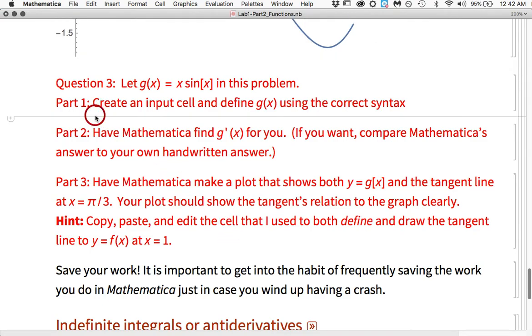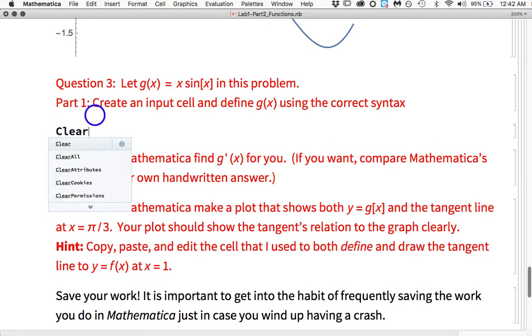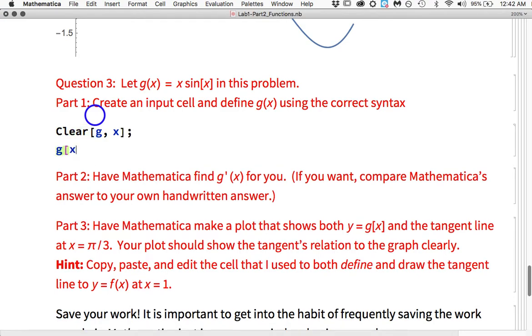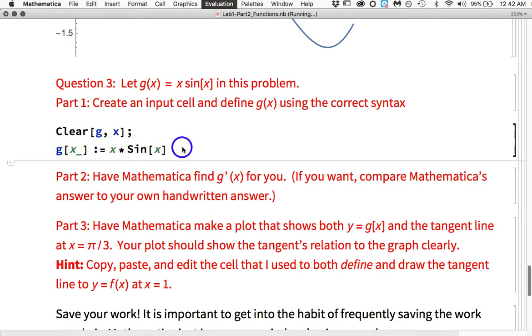So first of all, I want to create an input cell, and I want to define the function g of x. So I will clear g and x, and then I will make g a function of x, and it's going to be x times sine of x. And you will notice that I'm using proper function notation. There's the underscore, I have a star for the times, and I've capitalized sine.